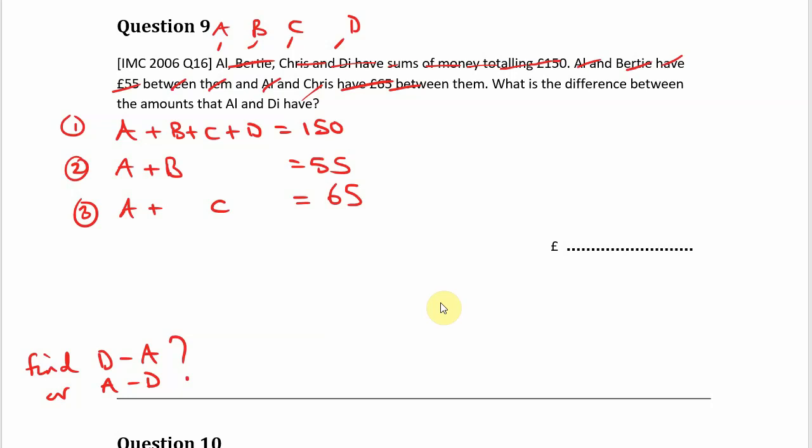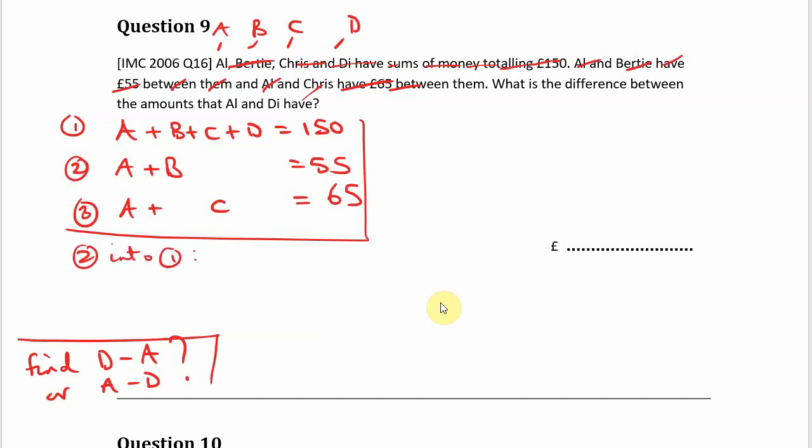I can take this AB equals 55 and put it here. So let's put 2 into 1. Well, that's going to get me 55 plus C plus D equals 150. So that's going to get me C plus D equals 95. And I'm going to keep that for now. Probably call that equation 4.